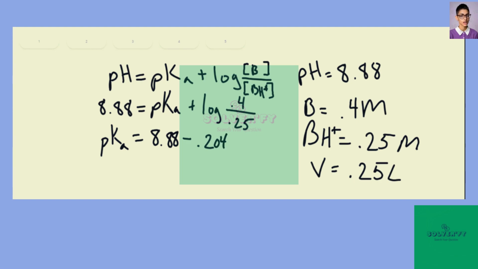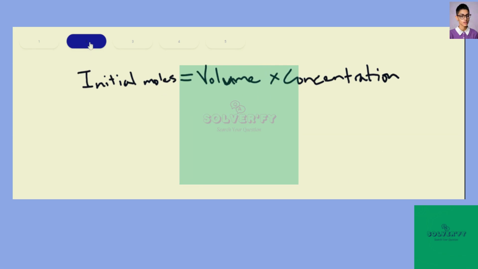And so now we just subtract that, and we find that the pKa equals 8.676. Okay, and we're going to use that later, so we need to remember that.